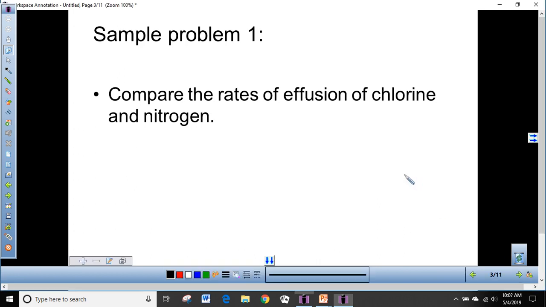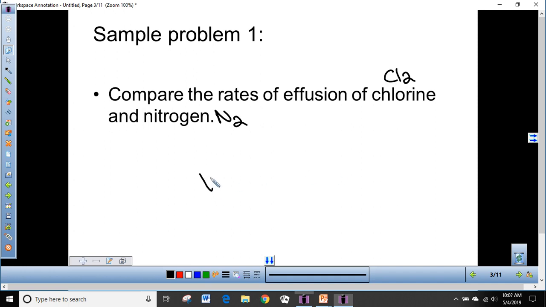So our first one is just a very easy comparison of two gases. We're assuming that they're at the same temperature and the same pressure, so we're going to compare the effusion rate of chlorine and nitrogen. Now these are both diatomic, so chlorine is Cl2 and nitrogen is N2. So when we do their molar mass, we do need to double it. That's important.